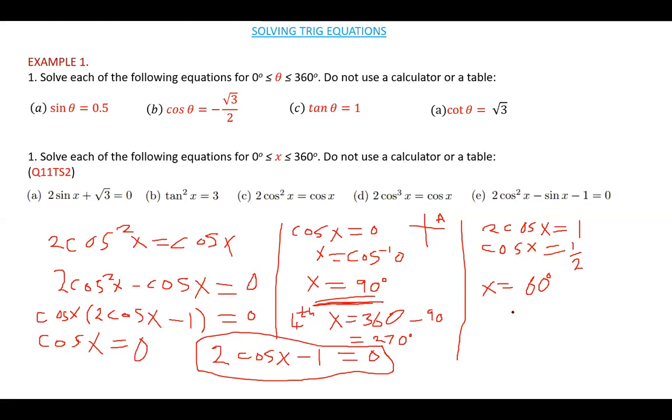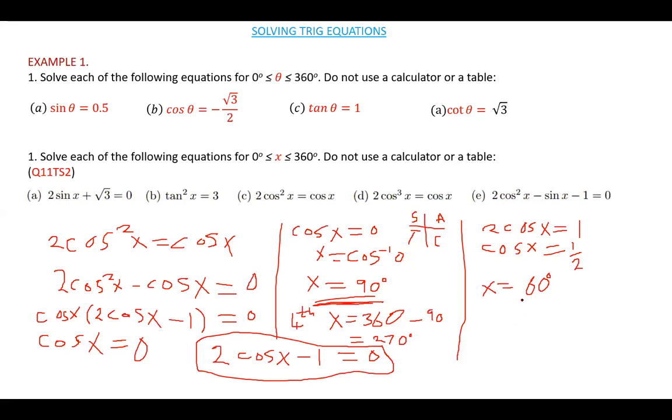You also have to check in which quadrant this 60 lies. So when you check this side, you have a positive number, which implies that cos is in the first quadrant and the fourth quadrant, because that's where it is positive.